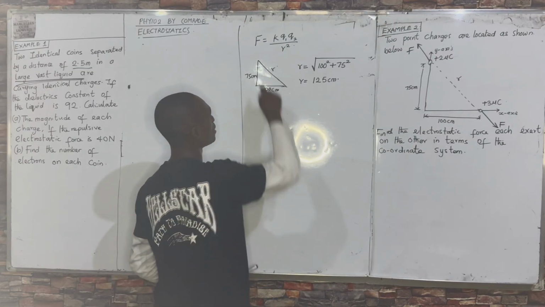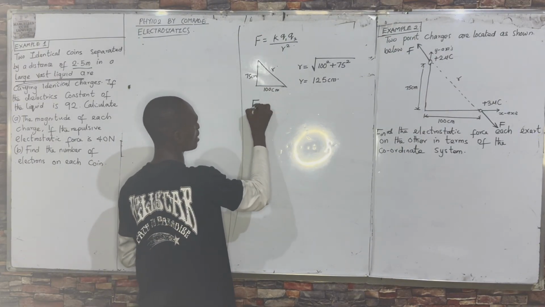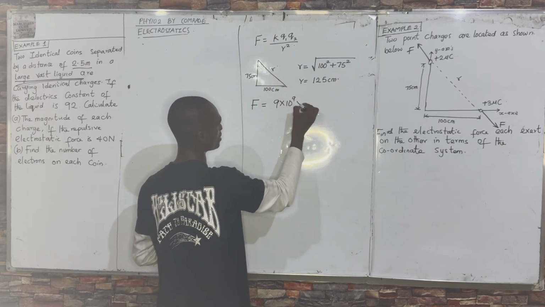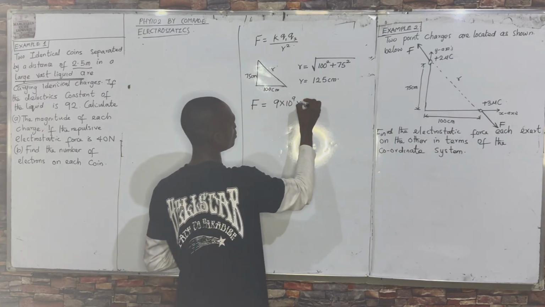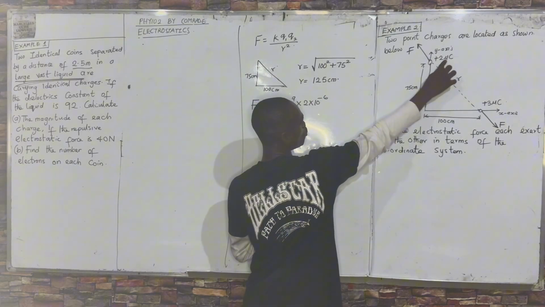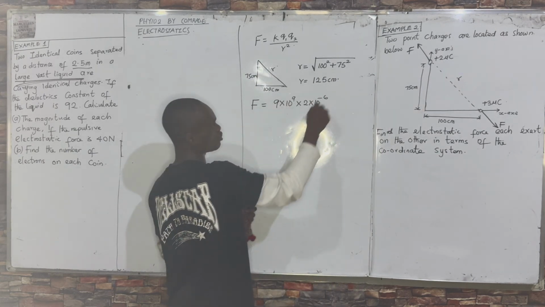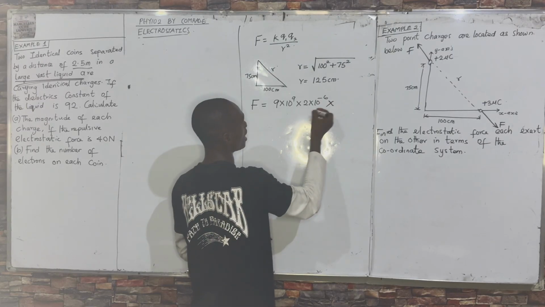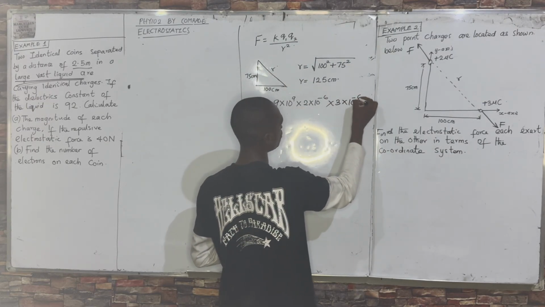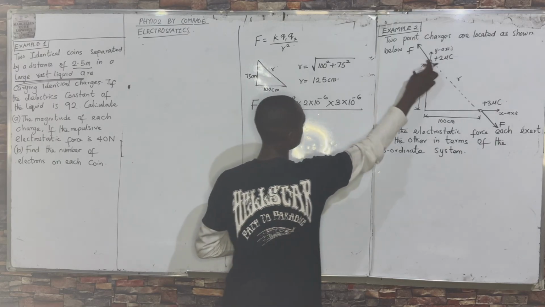Next, let's now get our force. Our force F is equal to K, 9 times 10 raised to power 9, Q1 is 2 times 10 raised to power minus 6. Don't forget it is microcoulomb, so micro means times 10 raised to power minus 6. Times Q2, which is 3 times 10 raised to power minus 6, over the distance.